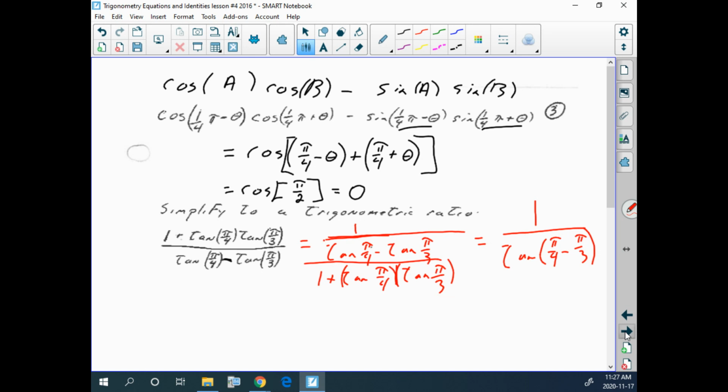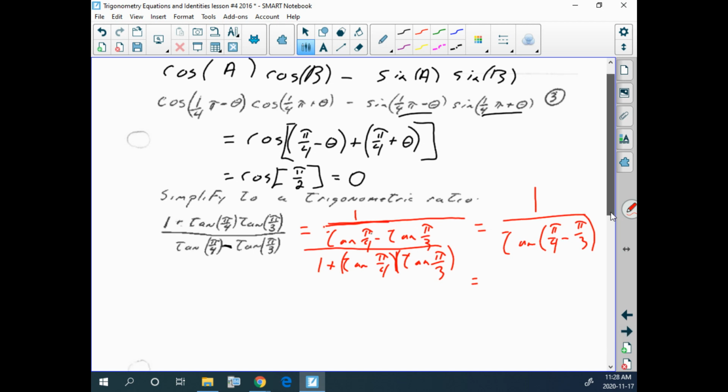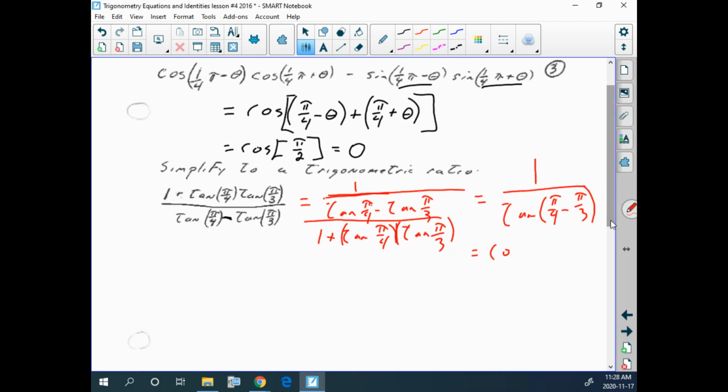We know this because it's tangent A minus tangent B. Now, what's the reciprocal of tangent? Reciprocal of tangent is cotangent.